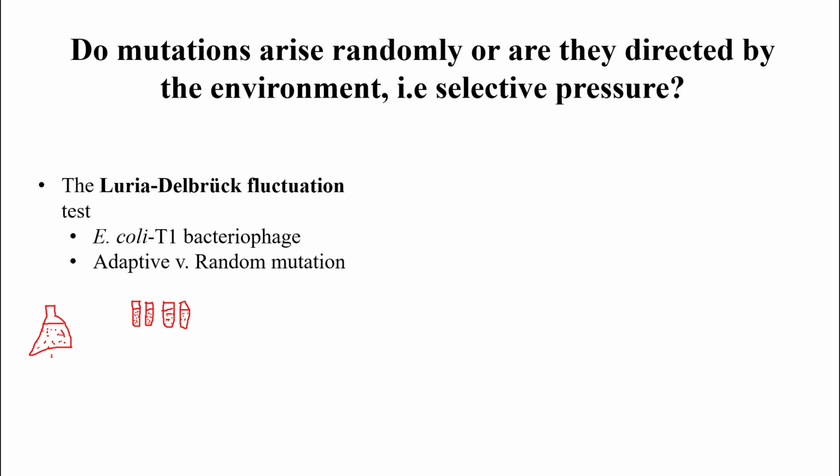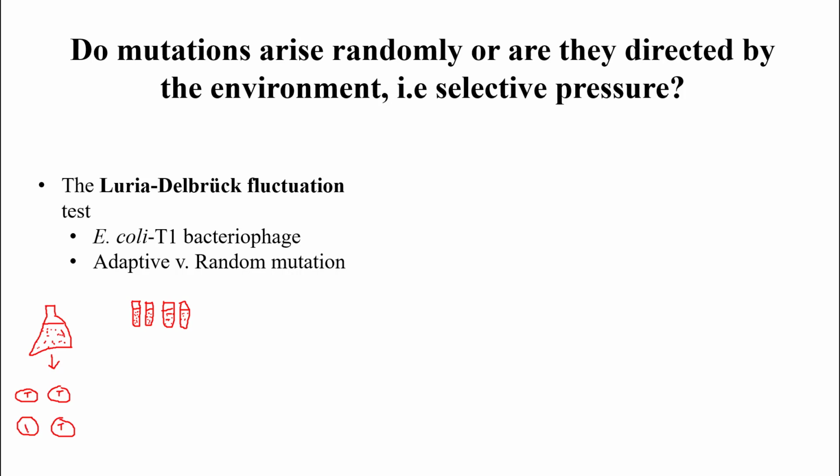Then what they did, from the flask culture, they plated a set amount of those E. coli onto a medium like agar that contained T1 bacteriophage. So this is a virus that infects E. coli and kills it.